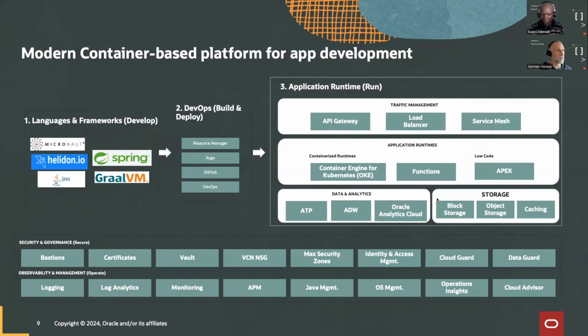Jenkins, DevOps, etc. Then on the right, still at the top of the slide, you have all the runtime. You have the API gateway, the load balancer, etc. You have the application runtime, OKE, the container engine for Kubernetes, Oracle Functions.